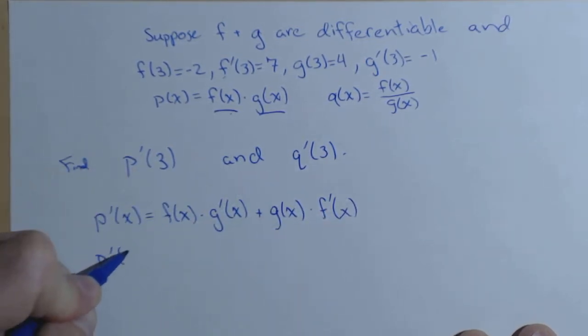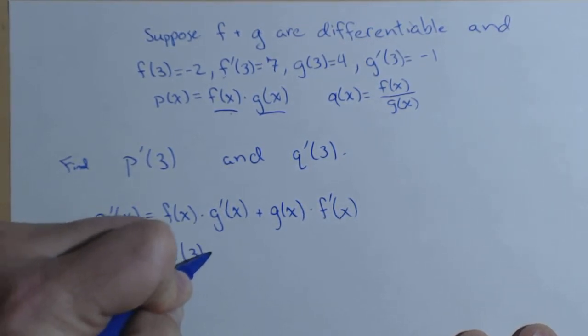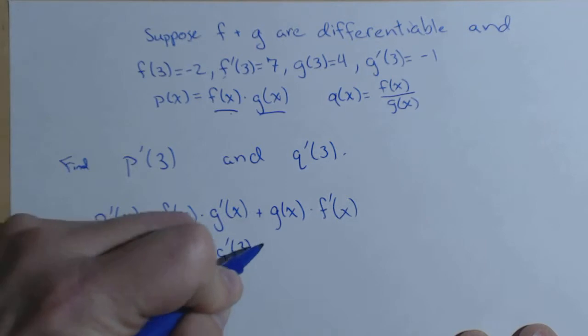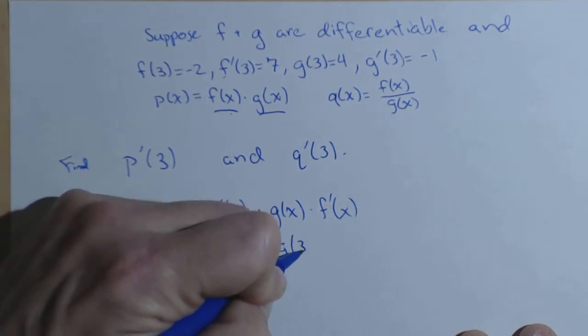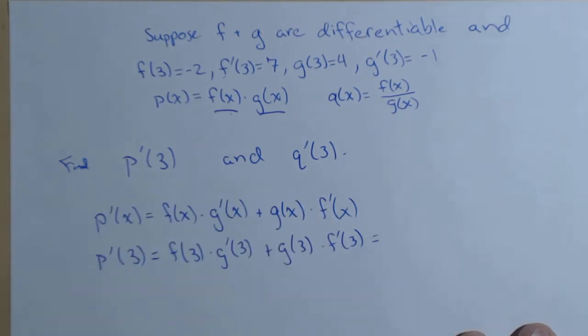Therefore, p prime of 3 is f of 3 times g prime of 3 plus g of 3 times f prime of 3. And those are the values that we know something about.